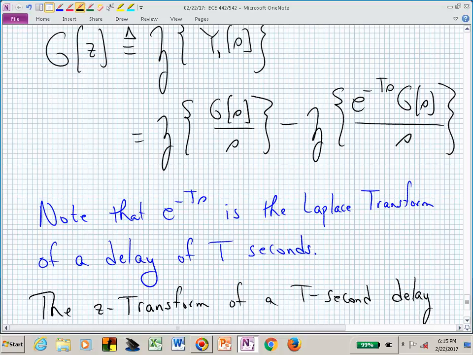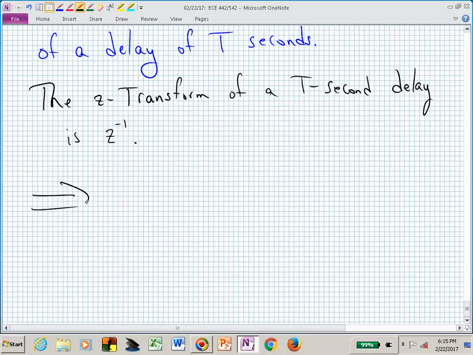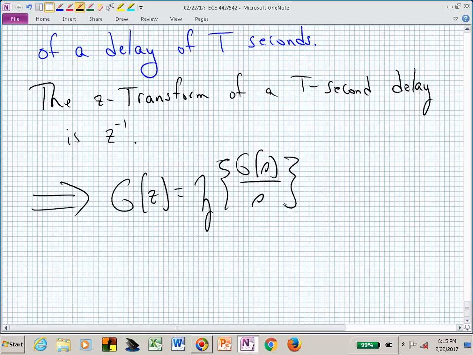Meaning, we can now re-express this two-term expression of g of s over s, subtracting away this unit delay. Knowing that the unit delay is z to the minus 1 in the frequency domain, we can now say g of z is the Z-transform of g of s over s minus z inverse times the Z-transform of g of s over s.